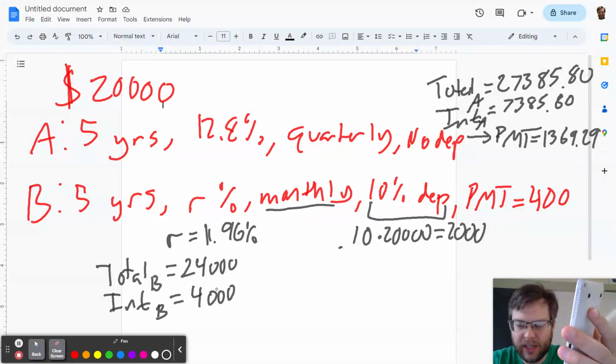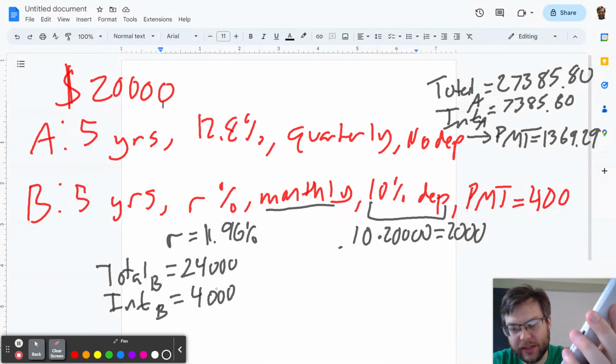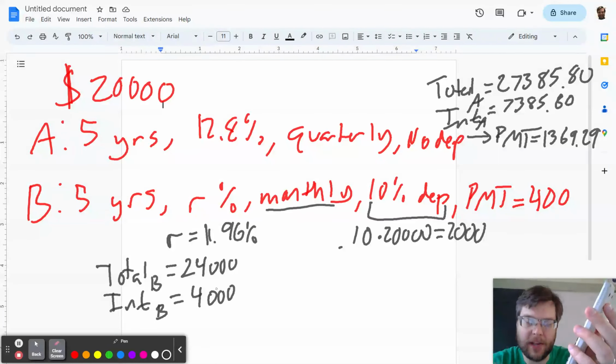But you also have to incorporate the fact that you had to pay the $2,000 deposit up front. The other way you could have maybe thought of this is that the 10% deposit was separate from the $20,000 loan. That's a little bit more complicated of a situation. So I'm okay with you interpreting the 10% deposit as coming off of the $20,000 loan.